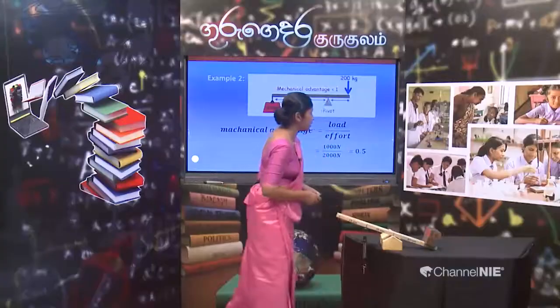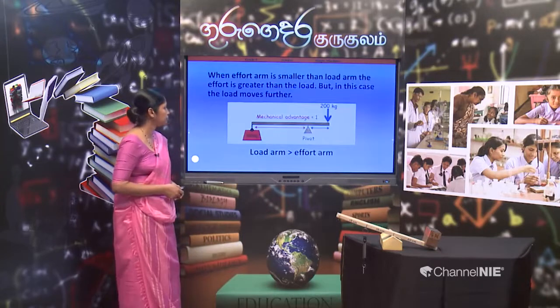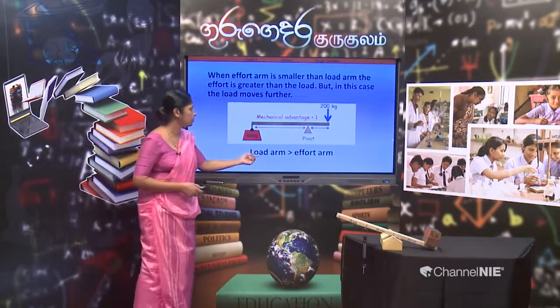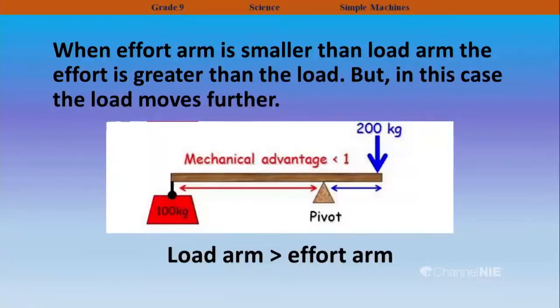In this case, mechanical advantage is less than 1. When the load arm is greater than the effort arm, mechanical advantage is less than 1. So, in this case, this is not advantageous.